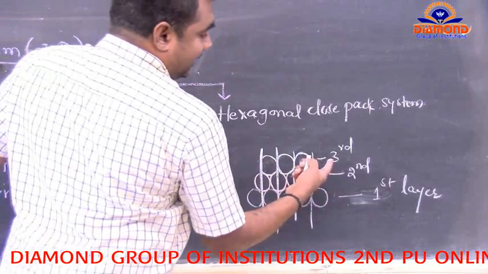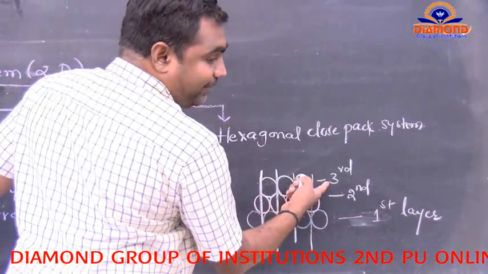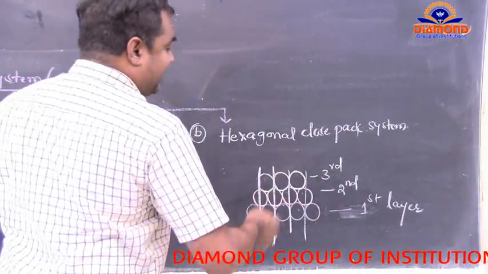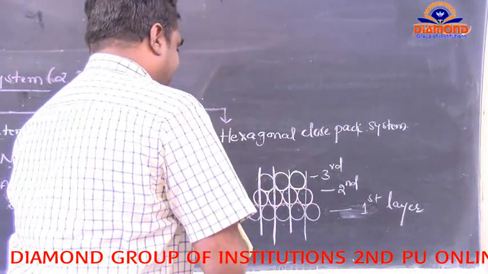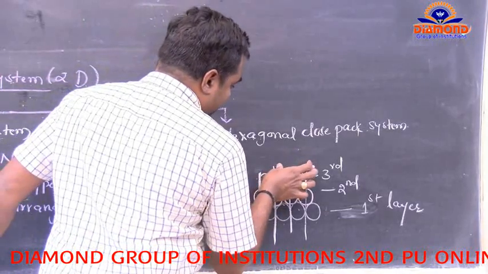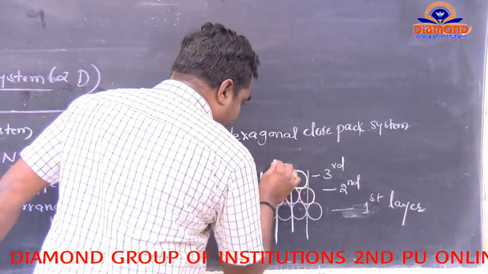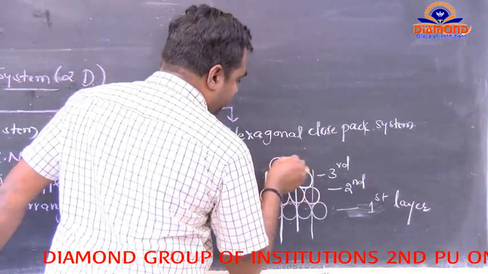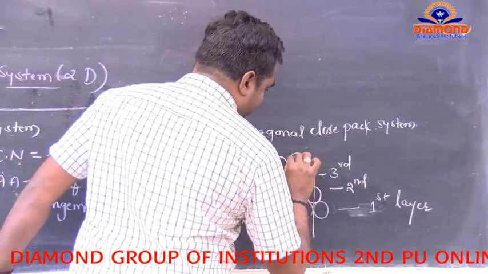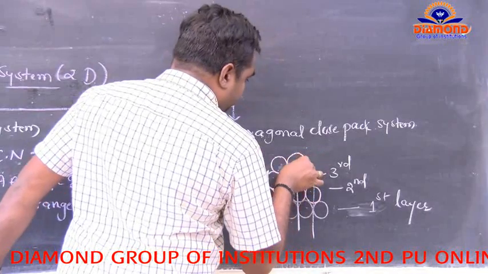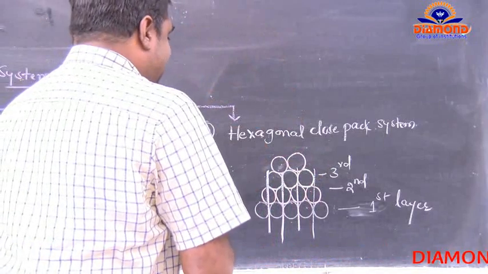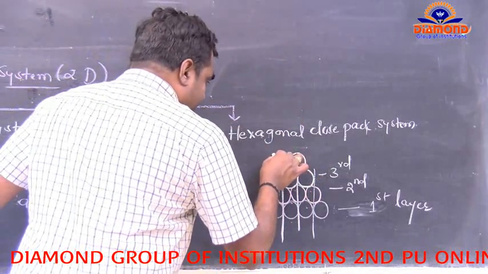Right? So the third layer is a repetition of the first layer. And if you place the fourth layer, in between these two we get the fourth layer. If you observe here, the second layer is similar to the fourth layer.